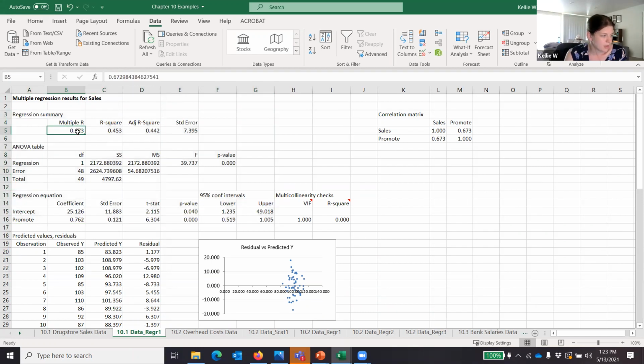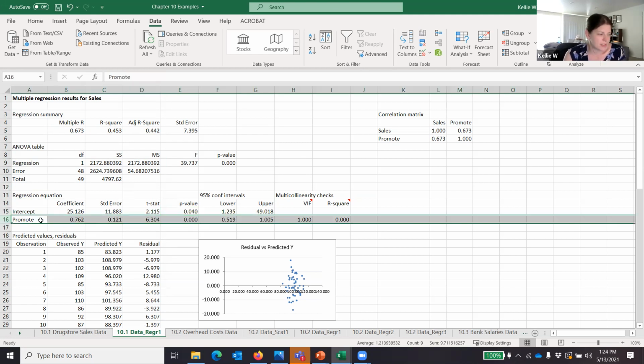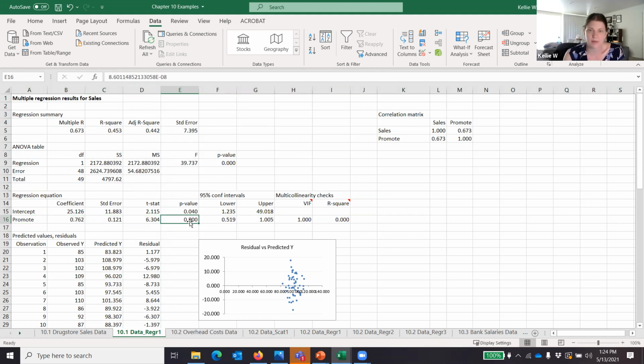So we have our R-squared value here, and then our regression equation information here. Also note the intercept doesn't always have a very good p-value, but that's okay. We really are worried about this coefficient here for the independent variable, that its p-value is less than 0.05, meaning that this is a significant value and could not just be equal to 0.